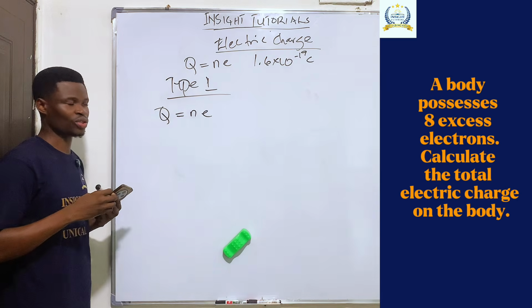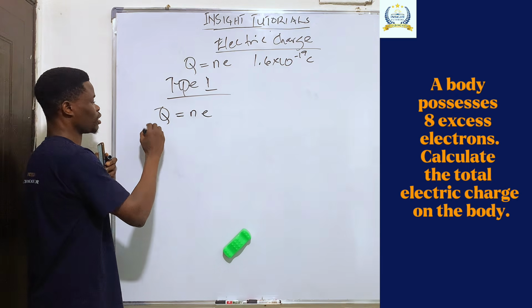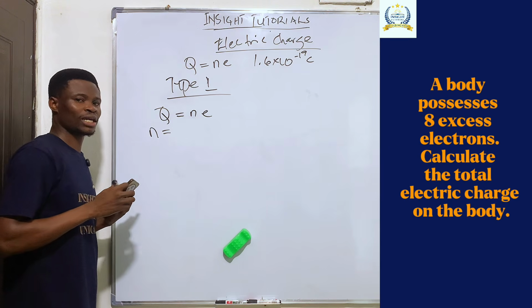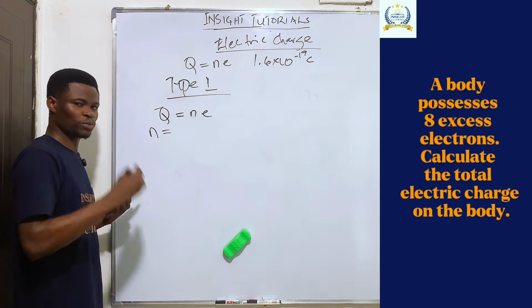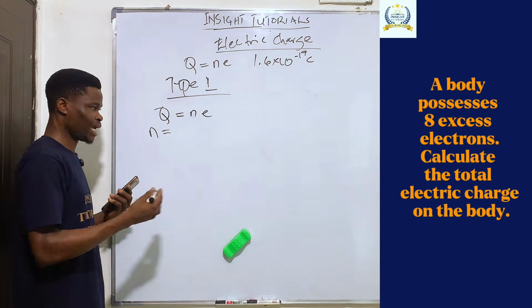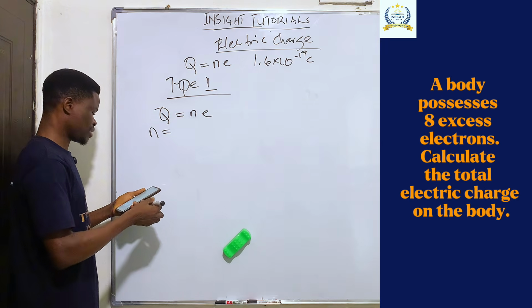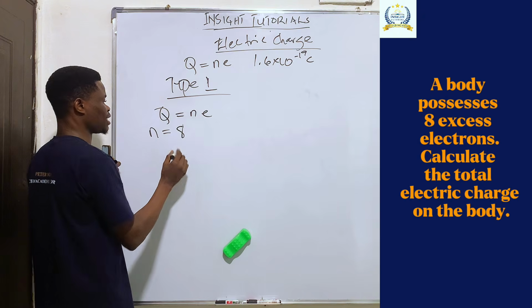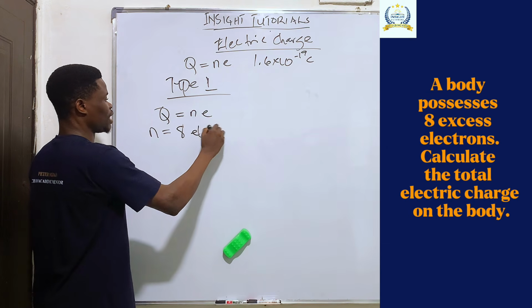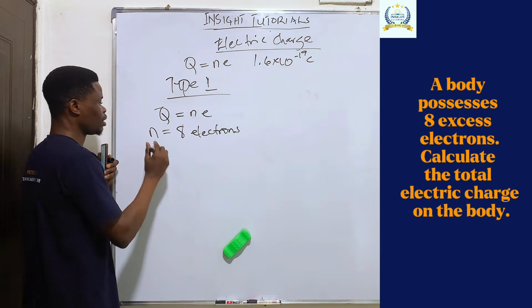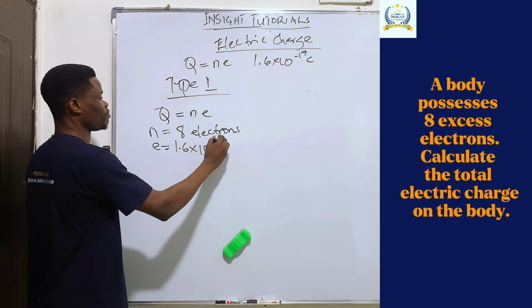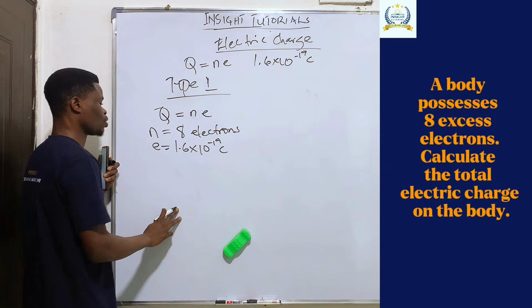The elementary charge. Now, in terms of this number, we are given electron, not proton. Take note of that. Electron. So that 8 excess electron, we'll write it as a negative. But before now, let's just write it as 8 electrons. And then the elementary charge is a constant 1.6 times 10 to the power of minus 19 coulomb.